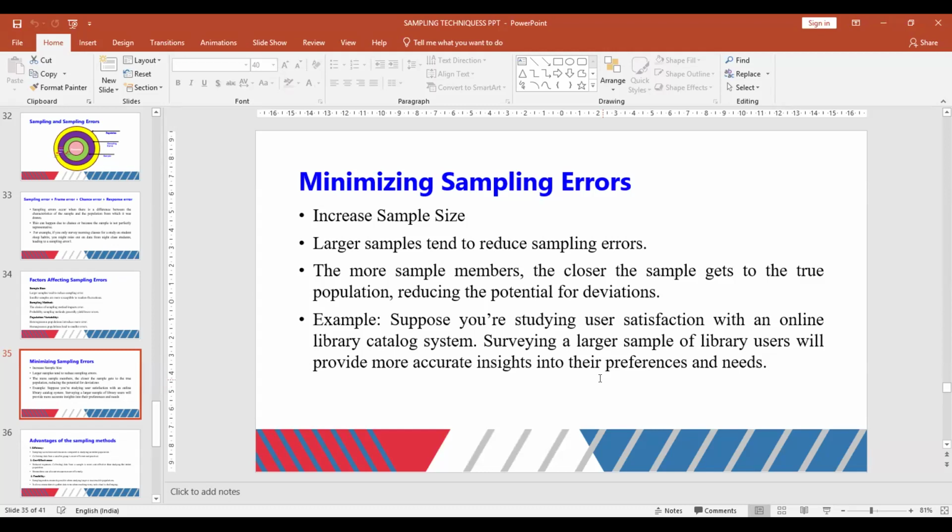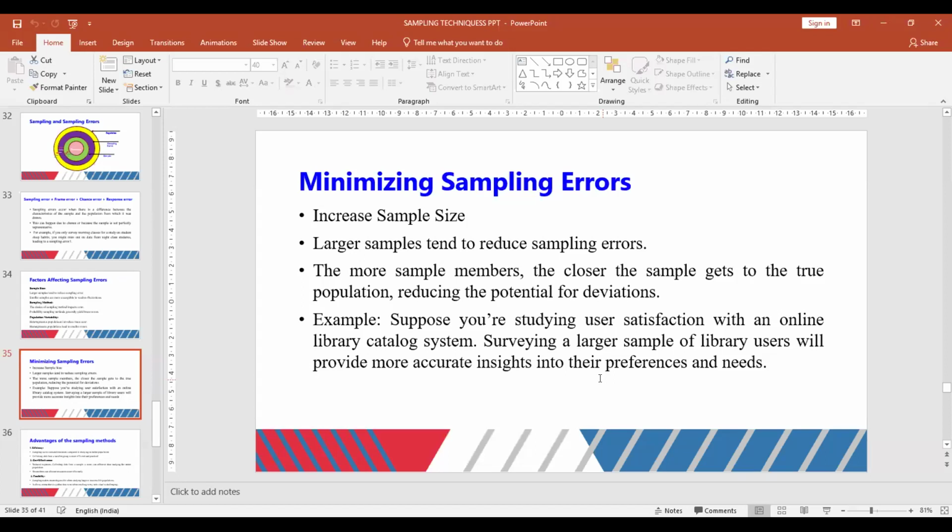So what are the advantages of the sampling method? Regarding efficiency, sampling enables researchers to learn without having to study every member of that group.